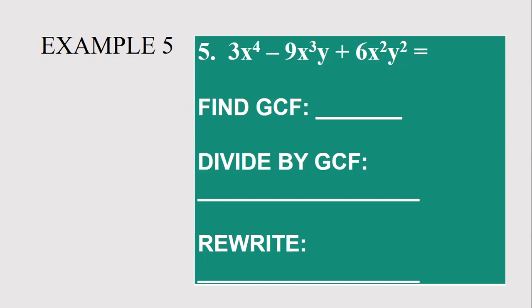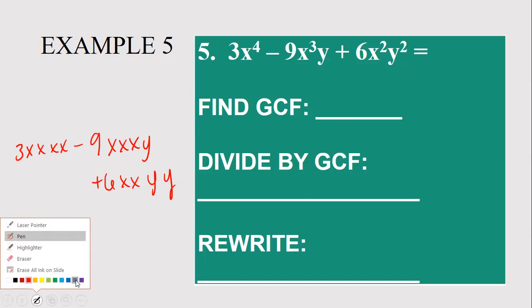Let me draw this. Okay, so if you're visually struggling with the variables, this is basically saying you have 3x to the 4th minus 9x cubed plus 6x squared y. You're looking for what they have in common.